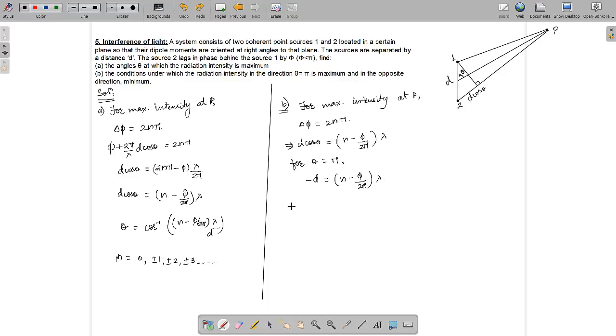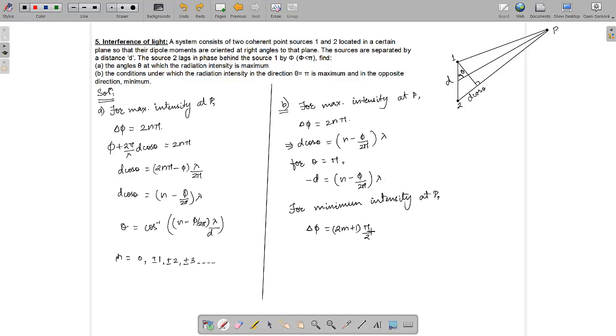Now again, for minimum intensity at P, we have delta phi should be equal to, let's say there's some other quantity, let's call it 2m plus 1 into pi by 2.